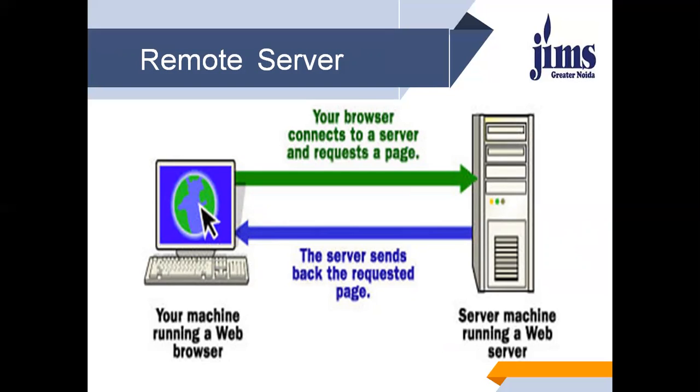So a web server supports multiple protocols like HTTP and FTP. Once the connection is established, then the client will issue a request and the server will send the response.